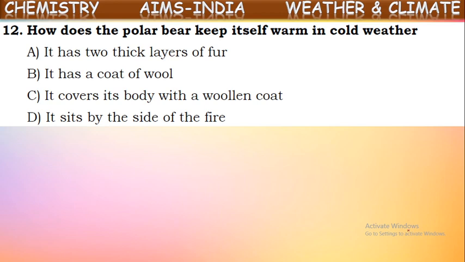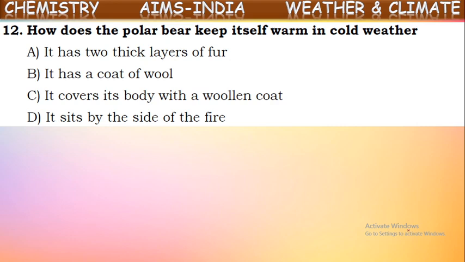It will have very thick fur, nearly 2 layers of thick fur, and even under the layers of skin, they have a thick layer of fat also. This fur and thick layer of fat will give sufficient warmth to these animals.